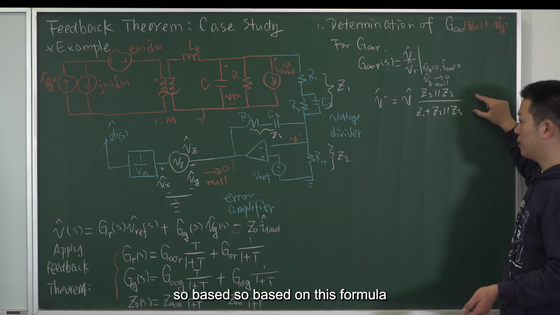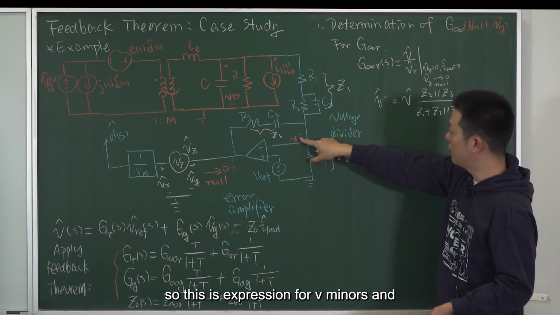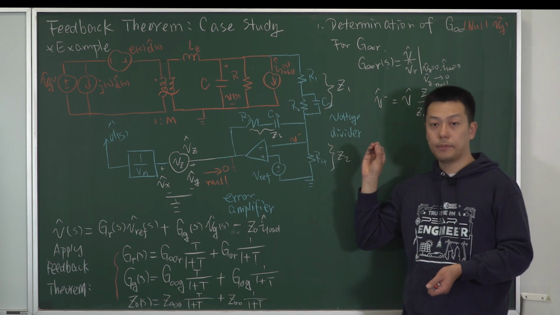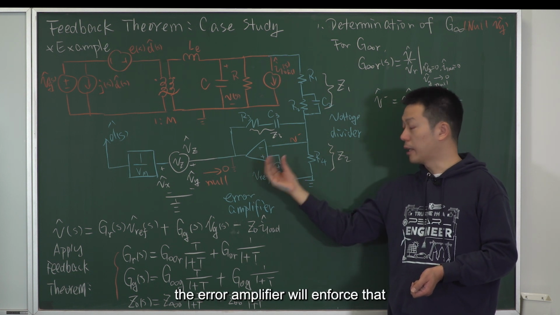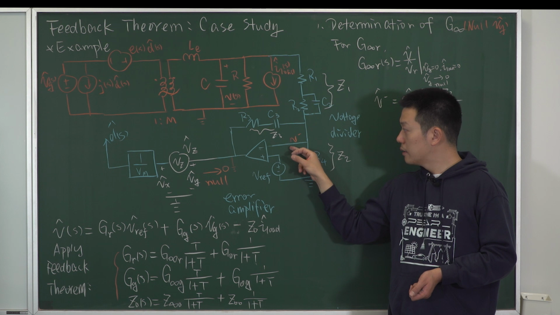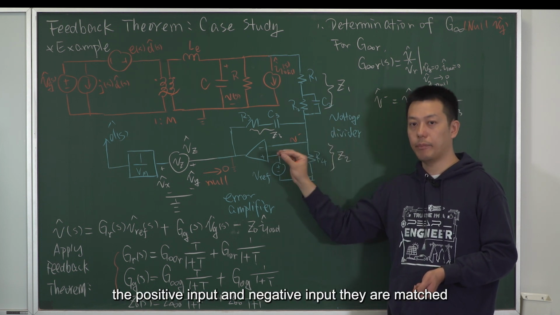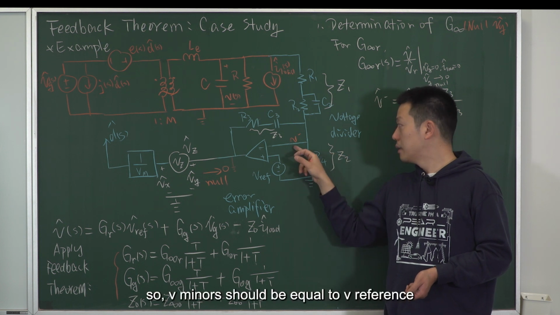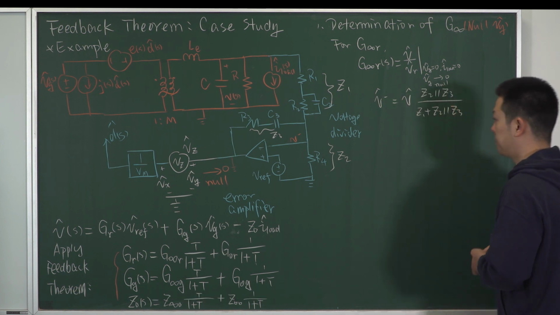Based on this formula, this is the expression for V minus. And the error amplifier will enforce that the positive input and negative input are matched, so V minus should be equal to V reference.